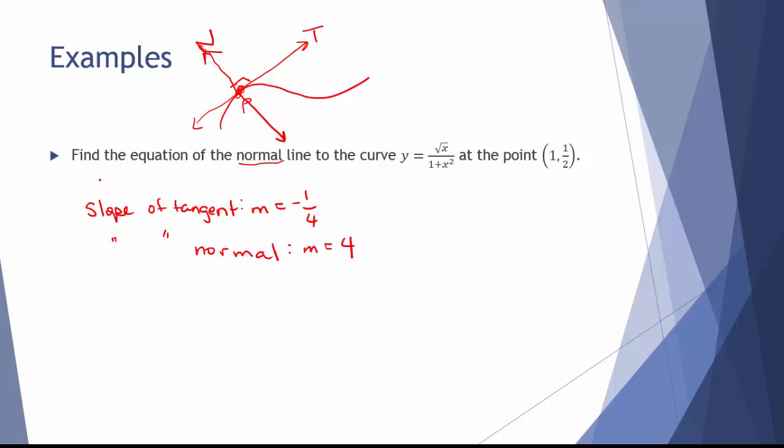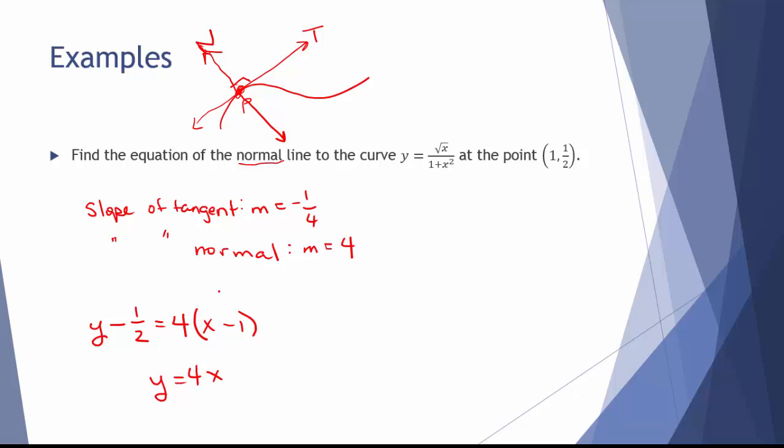Once you know that, given that you're looking to find the equation of the line, you still only need two things: a point, which we have, and now the slope, which we also have. Believe it or not, once you find the equation of a tangent line, the equation of a normal line is very quick. It's y minus the y value equals the slope, which we decided is 4, times x minus the x value. So the equation of that normal line will be y equals 4x.